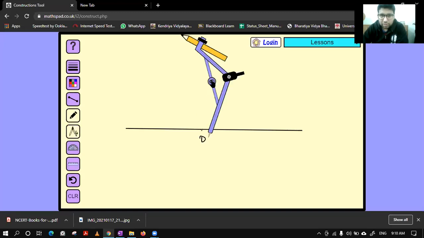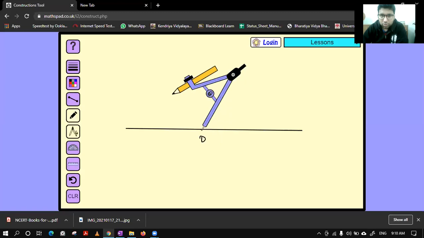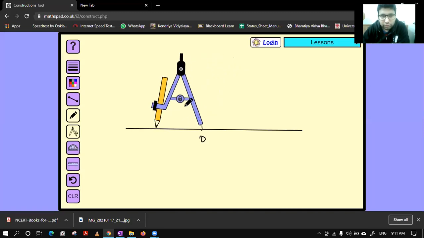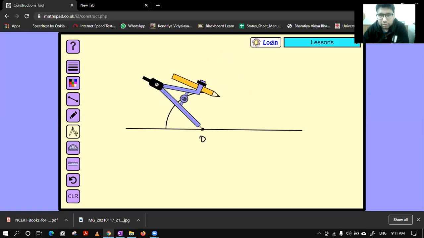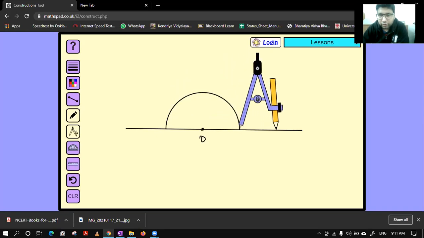So let's see how to do that. So keeping on the point, okay, keeping on the point, first we will draw a arc like this. Okay, now we will draw first the angle 90 degree.